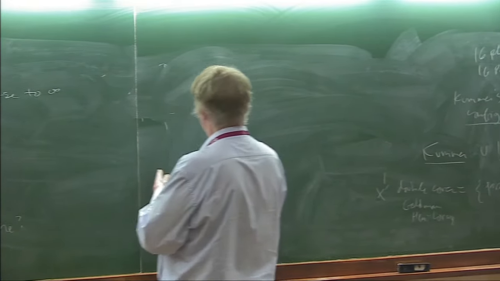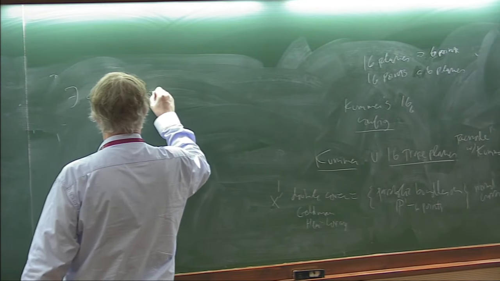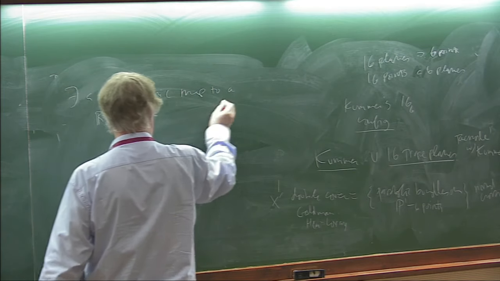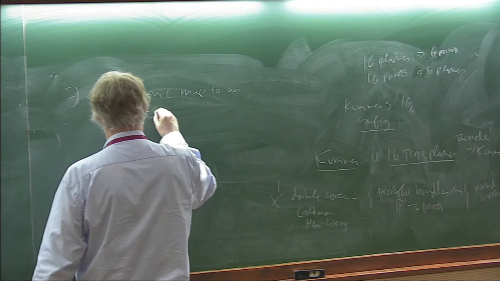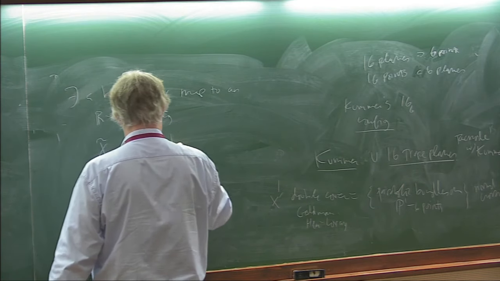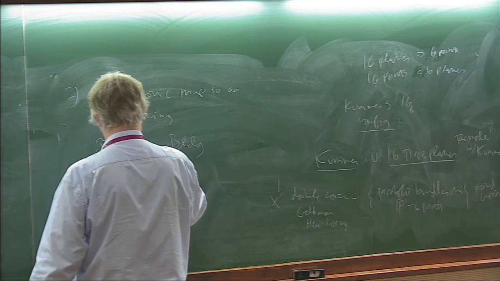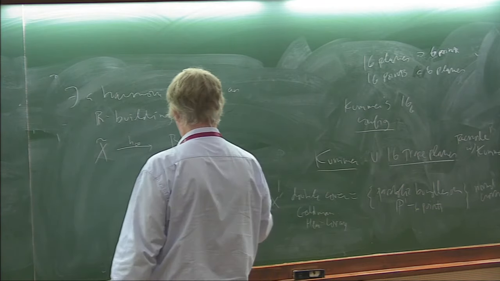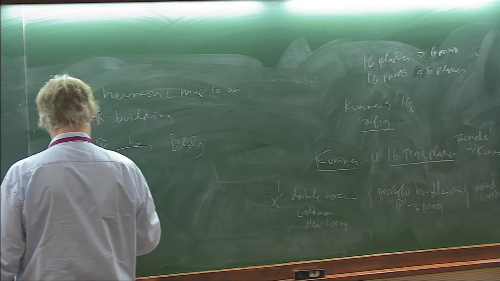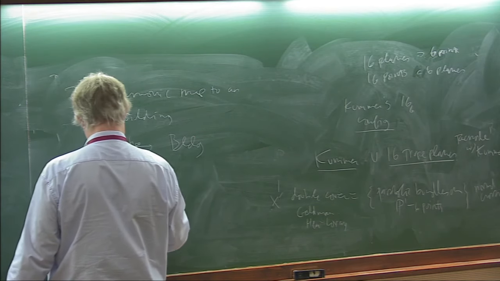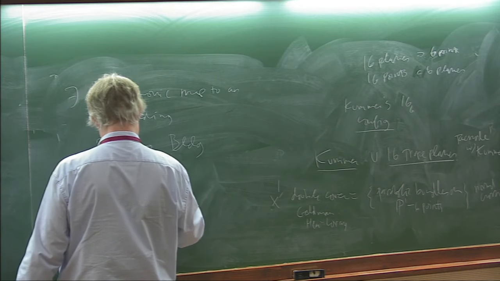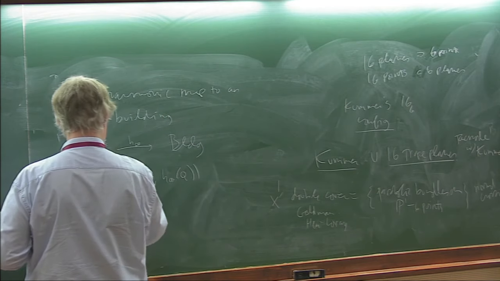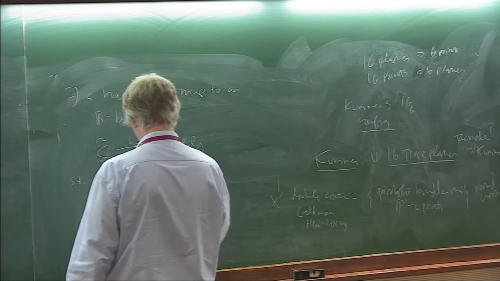Which says that there exists a harmonic map to a building. Not the same H, I guess, but we're calling this H. There exists a harmonic map to an R building like that, such that the distance from H infinity of P to H infinity of Q for 2 points on the universal cover, sorry, this is C, the universal cover of C, the distance is equal to the Lyapunov exponent.